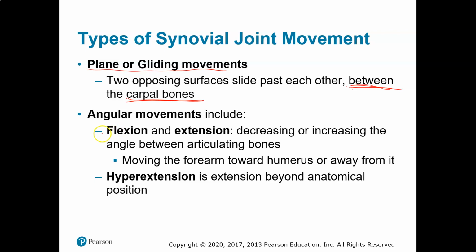Then there's the movement called flexion and extension. A good example of flexion is when you do a dumbbell curl. When you flex, that's flexing your forearm, flexing at the elbow. And extension is when you just have your arm normal. When you are in the anatomical position, your elbow is extended.